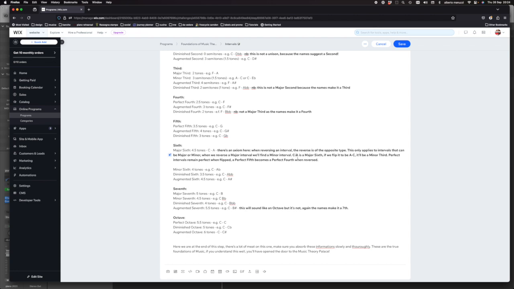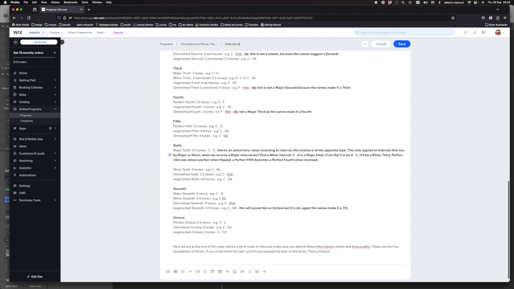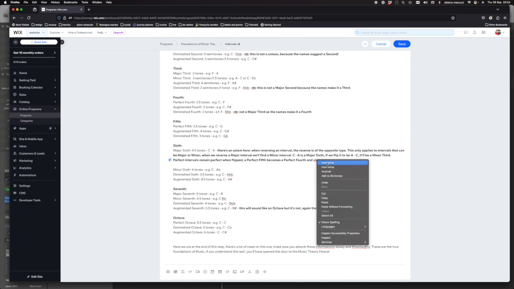C to A is a major sixth, but if we flip it to A to C, it becomes a minor third, right? Perfect intervals remain perfect when flipped. A perfect fifth becomes a perfect fourth, and vice versa.